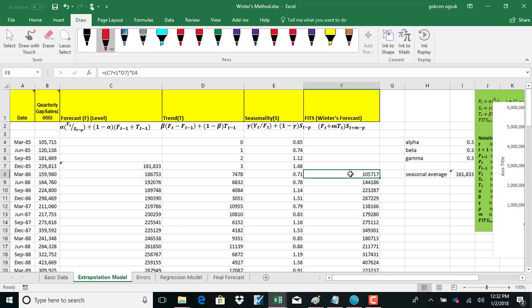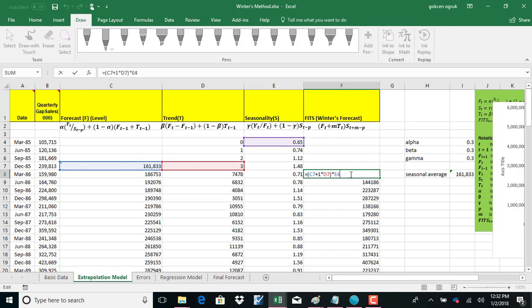Next, we will put together our forecast. Now our forecast at time t plus m depends on this coefficient m, and m is how many periods ahead we forecast. In this case, we are going to keep m equal to 1, so we are forecasting 1 period ahead.